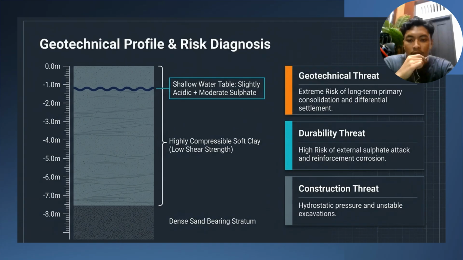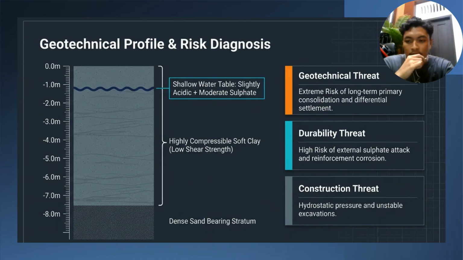However, the soil isn't our only adversary. We have a shallow water table at just 1.2 meters below ground level. Chemical analysis of this groundwater shows moderate sulfate levels and slightly acidic pH levels. This presents a triple threat. First, the geotechnical threat, which is the unstable excavations and settlement.